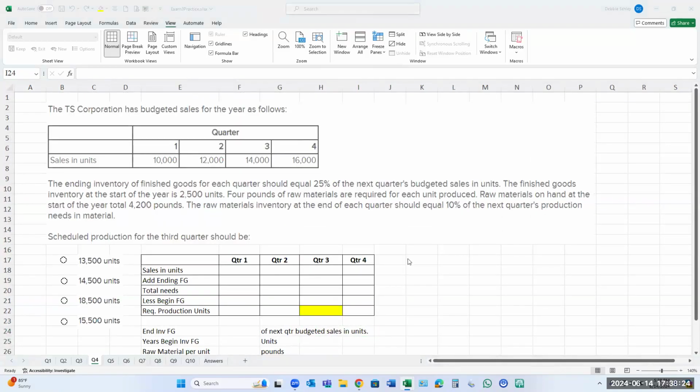Question 4. The TS Corporation has budgeted sales for the year as follows, by quarters. The ending inventory of finished goods for each quarter should be equal to 25% of the next quarter's budgeted sales in units.